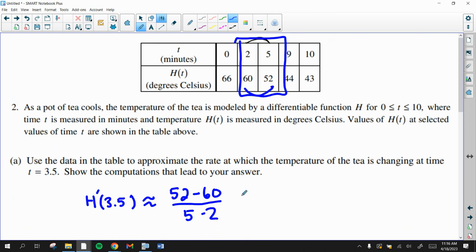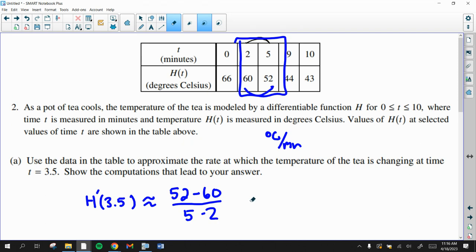The top is in degrees Celsius. The question says use the data to approximate the rate. It doesn't say anything about units, so I'm not going to give units. The units would be degrees Celsius per minute, but it didn't ask for it, so I'm not going to give it. I'm done.